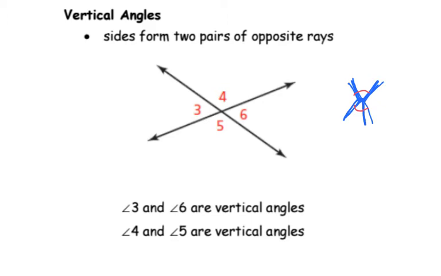So that's what's important about vertical angles. Vertical angles are congruent to each other. So in this picture, angle 3 and angle 6 are vertical angles, so therefore they're congruent. And angle 4 and angle 5 are vertical angles, so therefore these two are also congruent to each other.